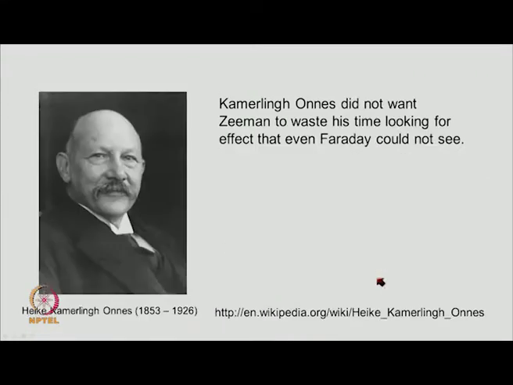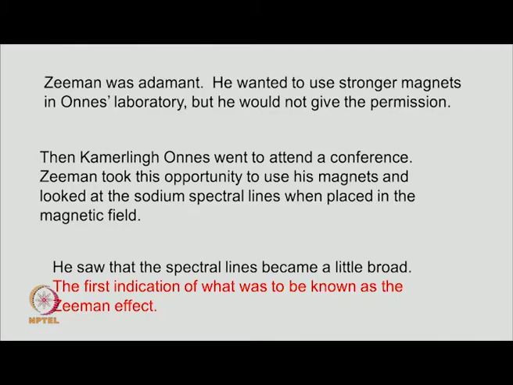But his professor Kamerlingh Onnes did not want Zeeman to waste his time looking for an effect that even Faraday could not see. So, he was discouraging him, but Zeeman was adamant. He wanted to use stronger magnets, magnets which were lying in Onnes's laboratory, but Onnes would not give him permission. So, then Onnes went to attend a conference.